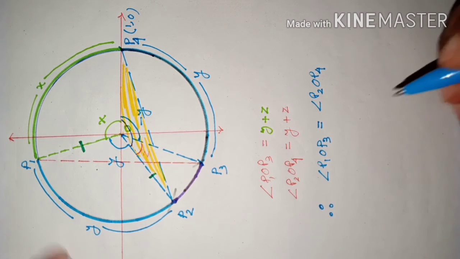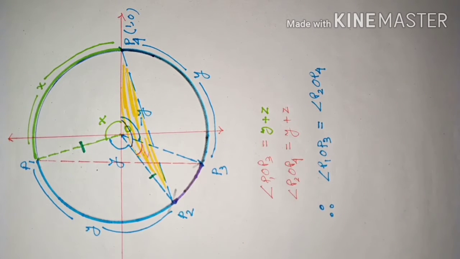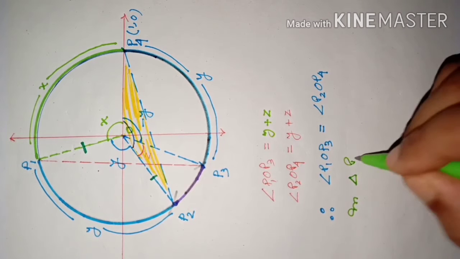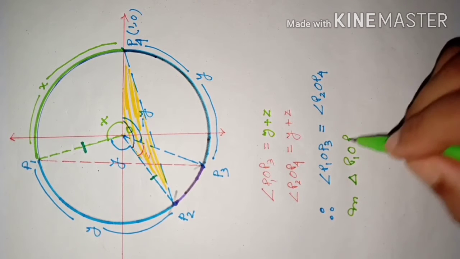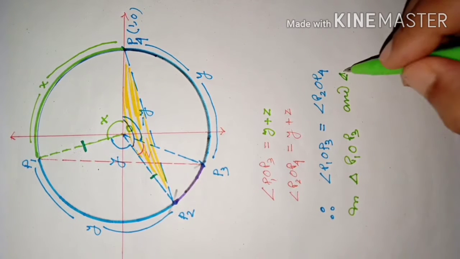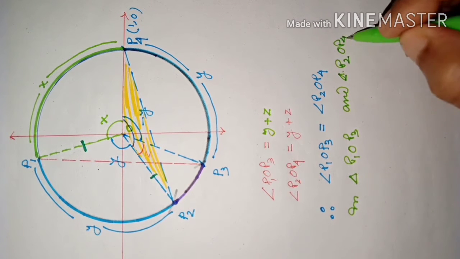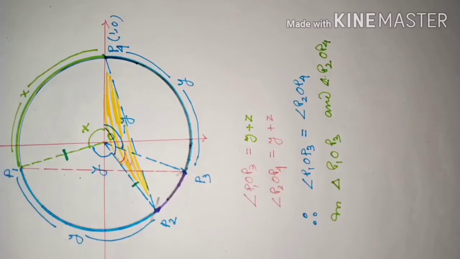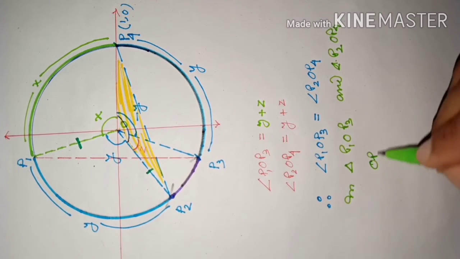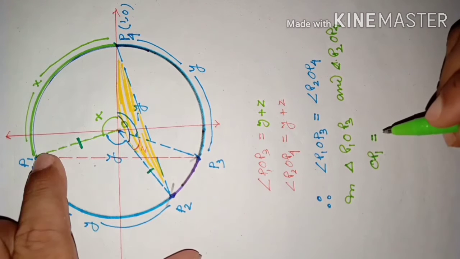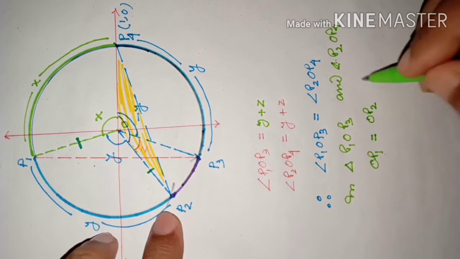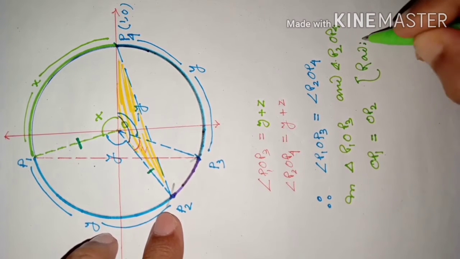In triangle P1 O P3 and triangle P2 O P4, OP1 is equal to OP2, because they are radii of the same circle.